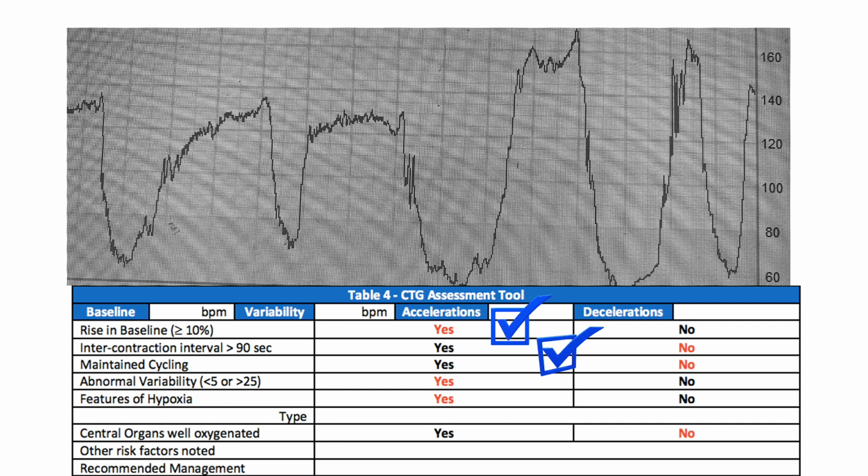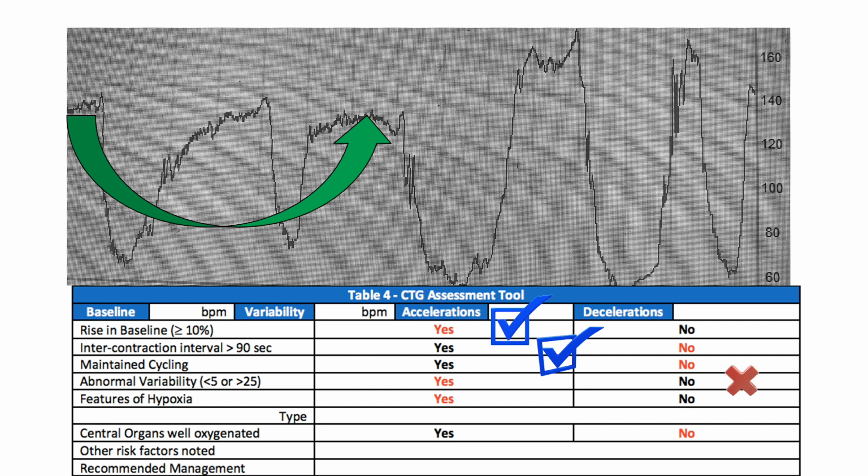Now if you look at whether the fetus is maintaining good oxygenation to the central organs, not only is the variability between the decelerations normal at this moment, but you could also see the alternating periods of reduced and normal variability. This phenomenon of cycling is very important, and it denotes that despite the stress the fetus is exposed to, the fetus is able to maintain central organ oxygenation.